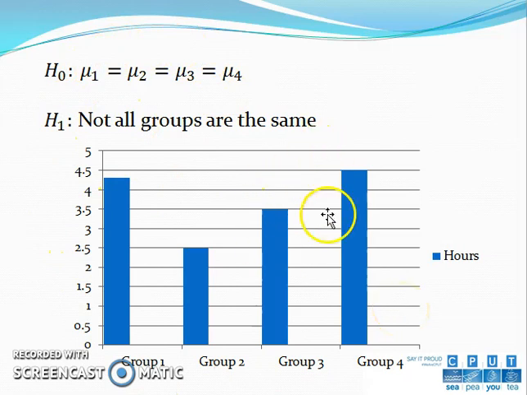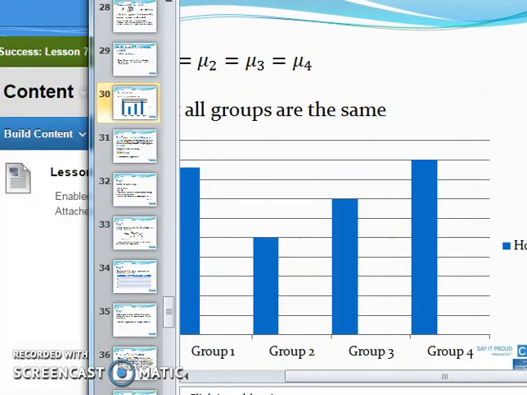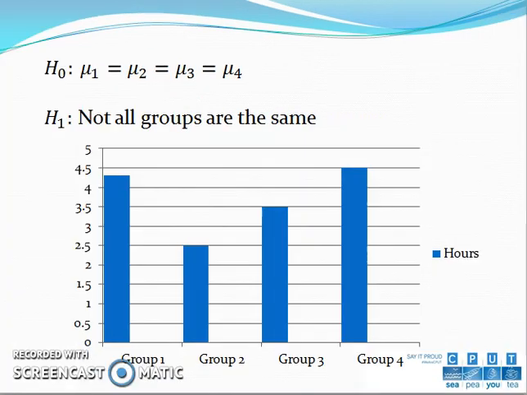But we're going to use Tukey-Kramer to tell us, say for example, and I'm going to use this example: let's say I divide the class into 4 groups of students, and I do an ANOVA to see how many hours they spend studying in a week, and I reject my null hypothesis. So let me use my pen for dramatic effect. I reject this null hypothesis, and I accept my alternate hypothesis to say that not all groups are the same.